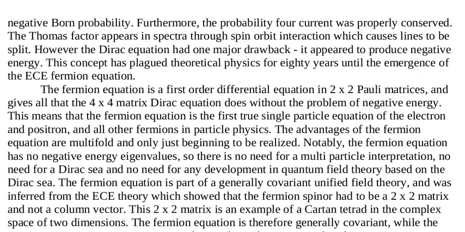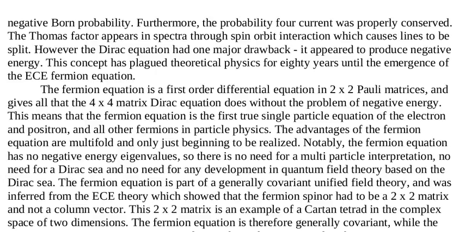This means that the Fermion equation is the first true single-particle equation of the electron and positron and all other fermions in particle physics. The advantages of the Fermion equation are multifold and only just beginning to be realized.